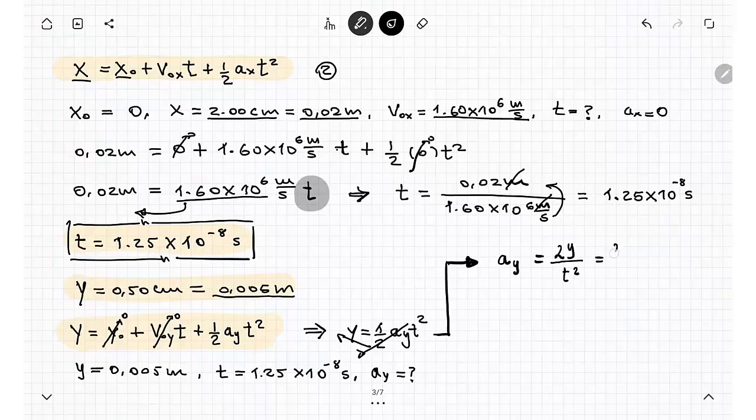This is equal to 2, and the y is given by this term, 0.005 meters.